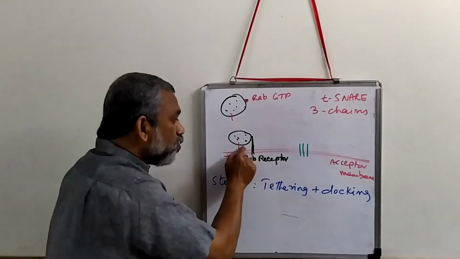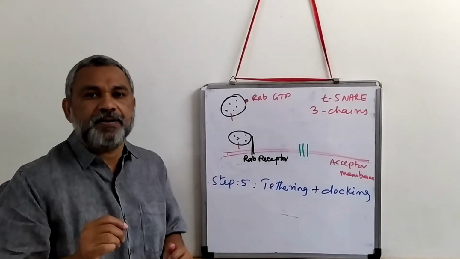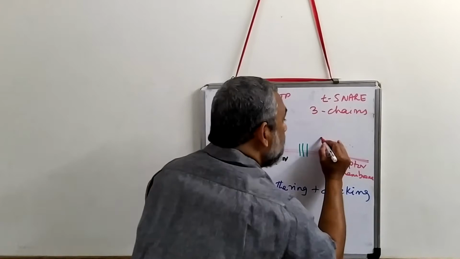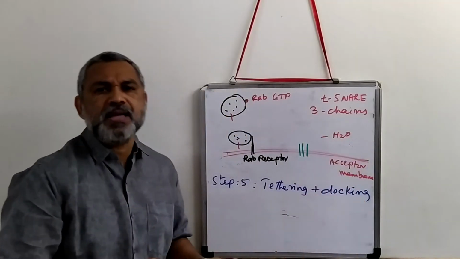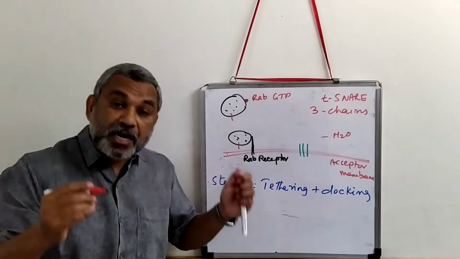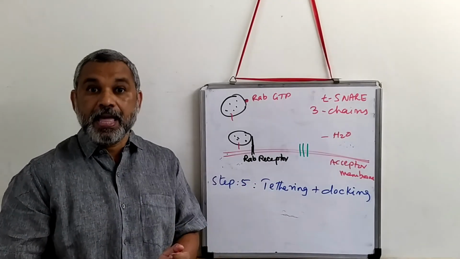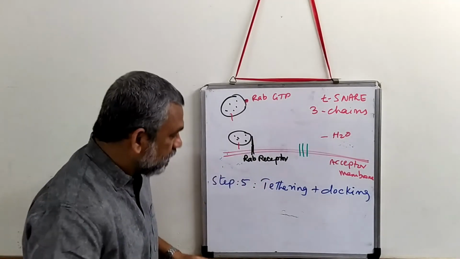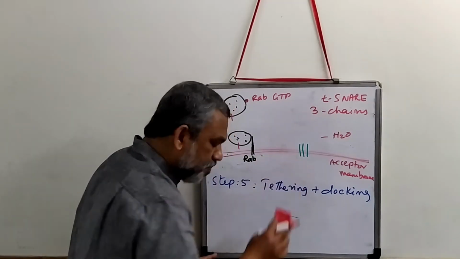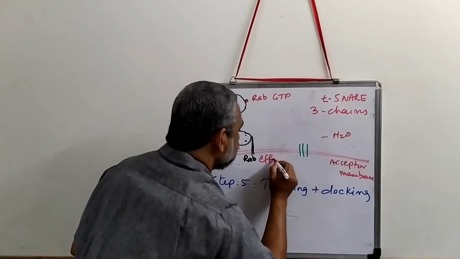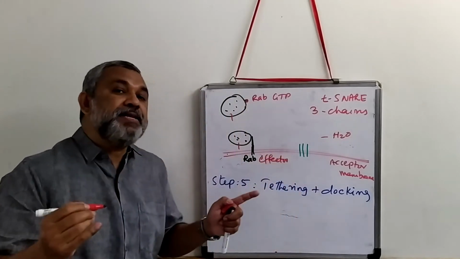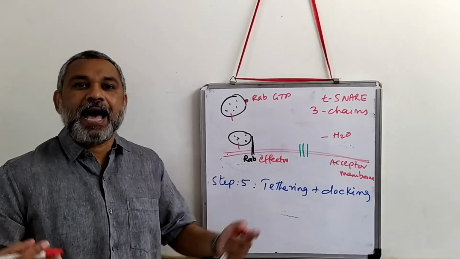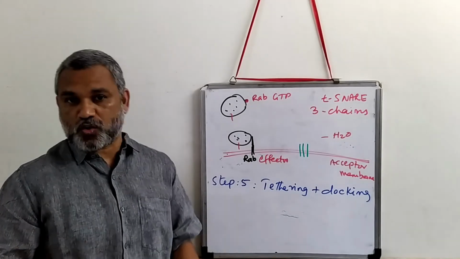It is a hydrophilic environment, so water molecules must be removed from here, and removal of water molecules is thermodynamically not feasible. This is facilitated by the binding of the RAB receptor or RAB effector. This binding gives the energy in order to remove water, and the binding can become stable and stronger.